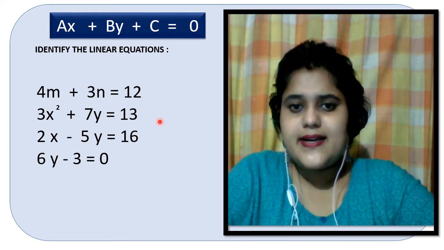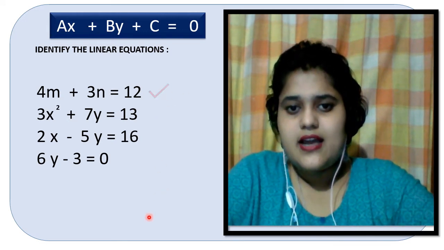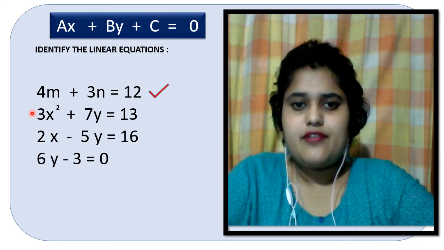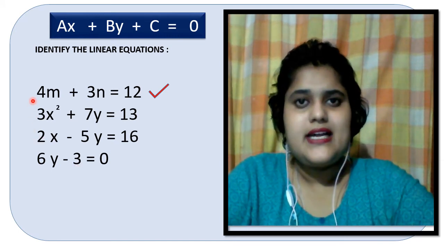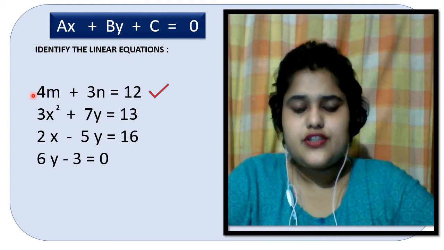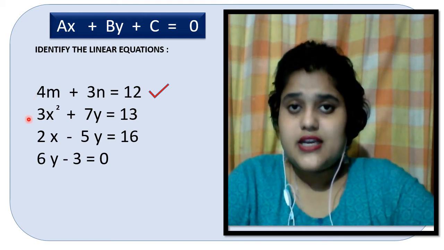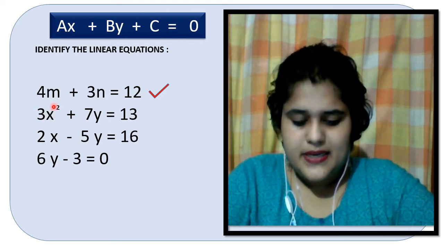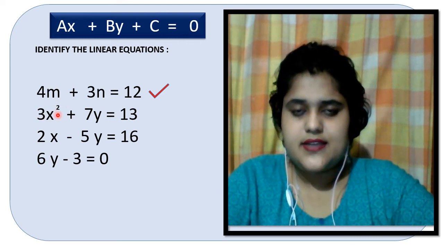So you can write it down. Yes, it is a linear equation. Taking the 12 to the left hand side, it becomes the general form of a linear equation. Let us see the second one: 3x square plus 7y is equal to 13.